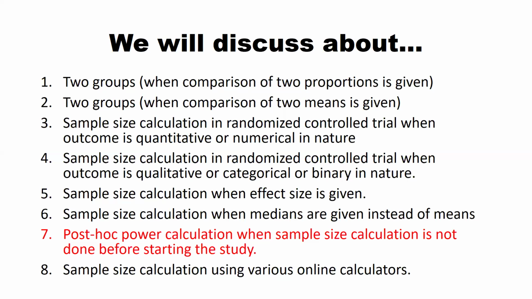For example, mean hemoglobin level in group A and group B, mean systolic BP in group 1 and group 2, quality of life in group 1 and group 2. These are types of two means.